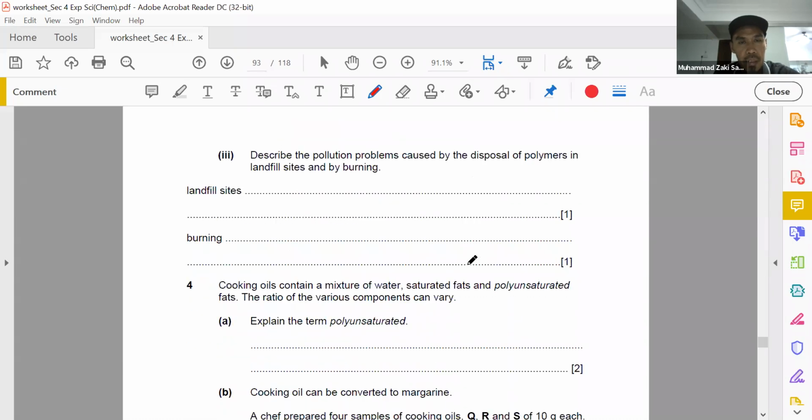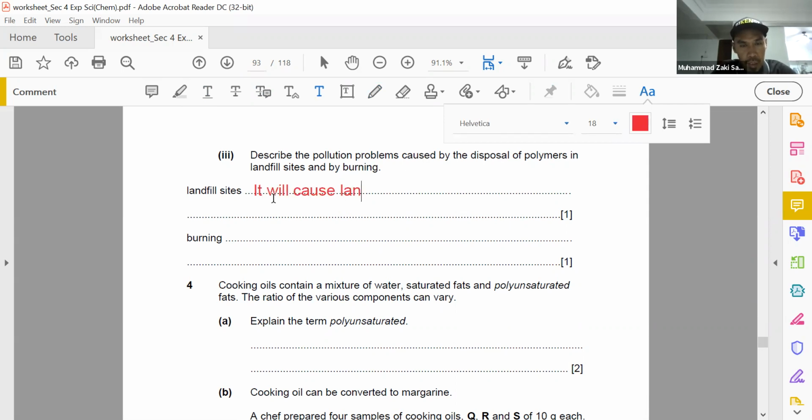Anyway, next, describe the pollution problems caused by disposal of polymer. So, what is the pollution problem? Landfill sites. First of all, it will cause land pollution, because the polymers are non-biodegradable.